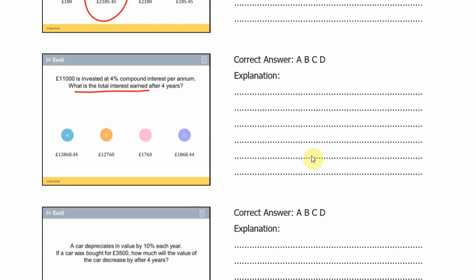A lot of you did the first step of working fine, so it was 11,000 times 1.04 because of a 4% increase, to the power of 4 because of 4 years. And when you found that, you will have got 12868.44 pence.